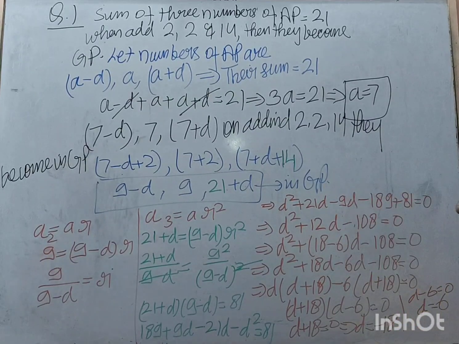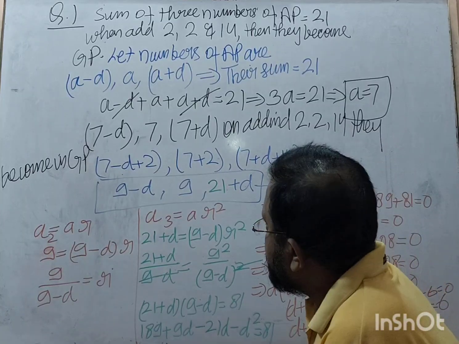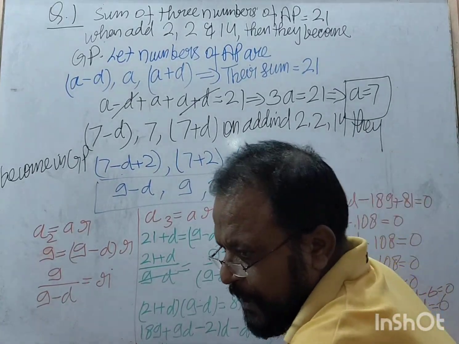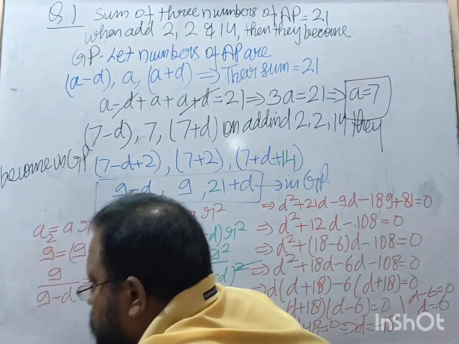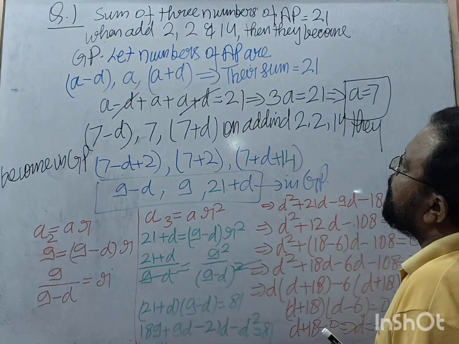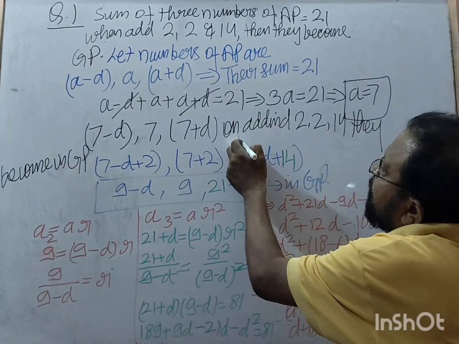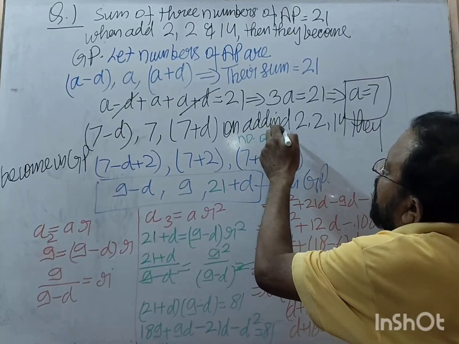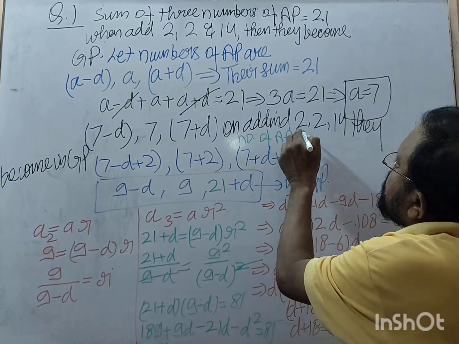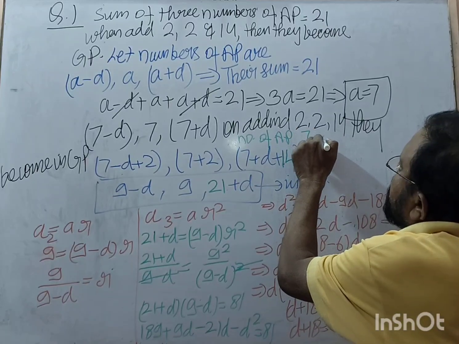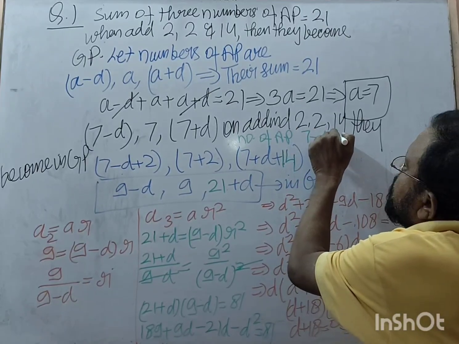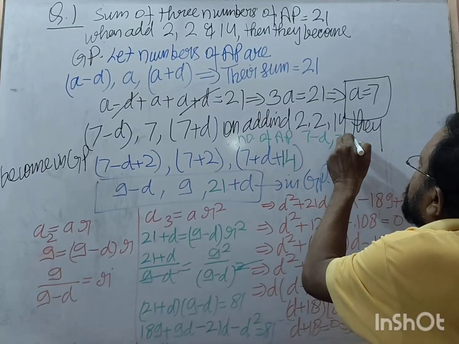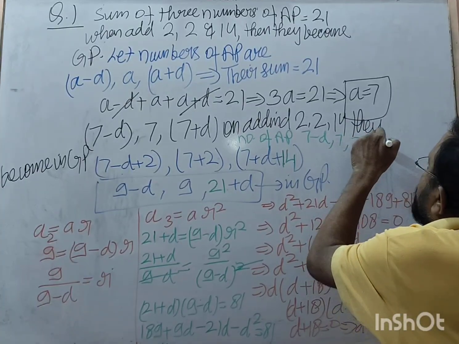So now the numbers of the AP are 7 minus d, 7, 7 plus d.